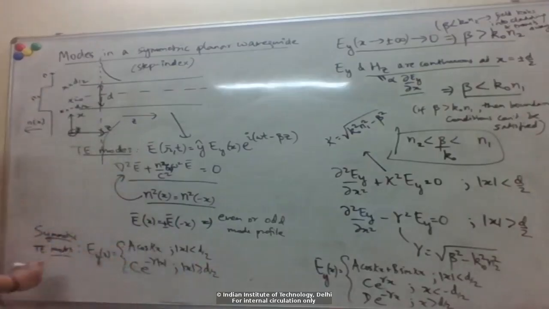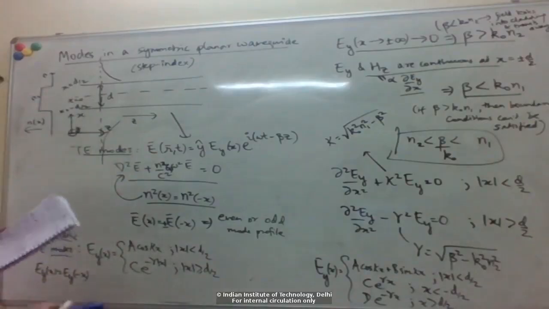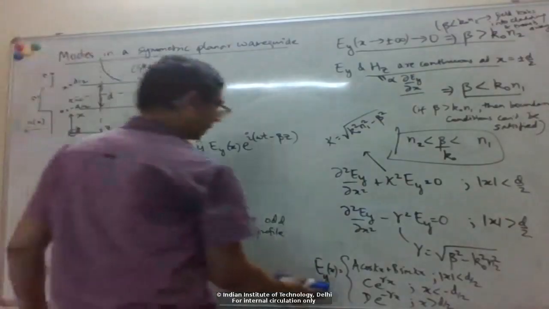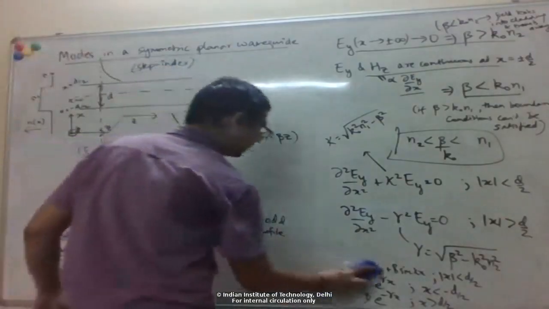Right, so they satisfy basically Ey of x is equal to Ey of minus x, even functions, right? Now let's use boundary conditions again.